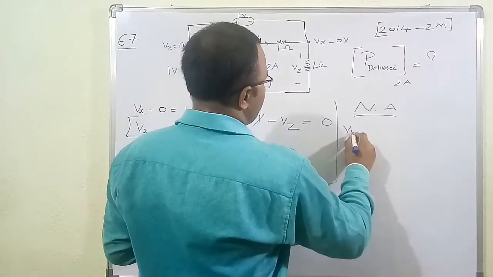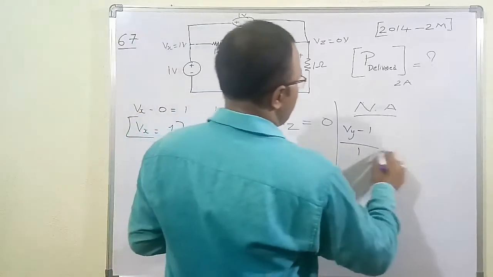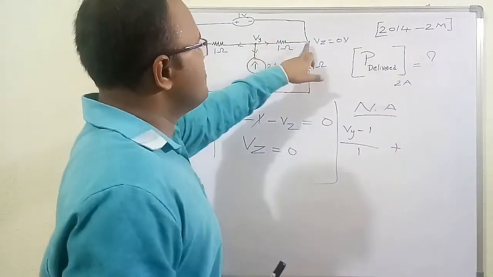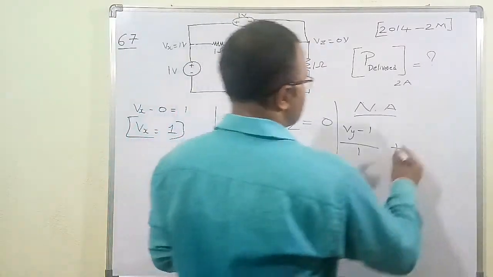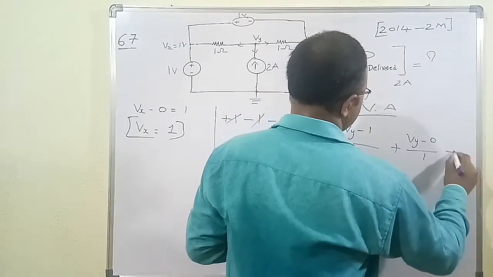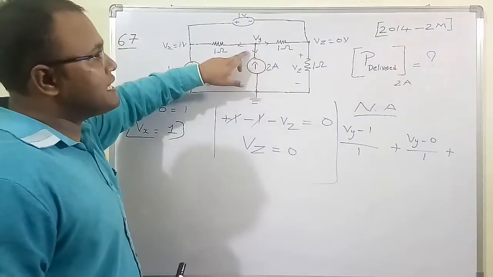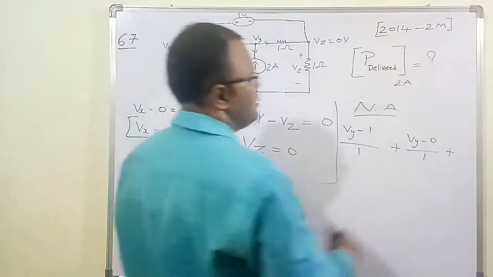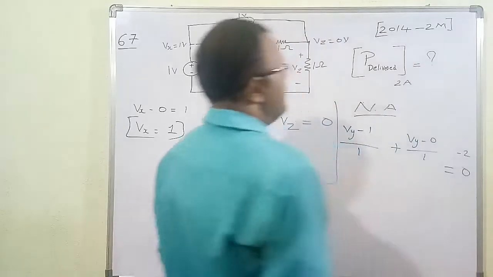Therefore, (Vy minus 1)/1, plus, in this branch the current is going from Vy potential to 0 potential, so (Vy minus 0)/1, plus, the current entering the node is 2 ampere. But we need the current leaving the node, so the leaving current has to be minus 2 ampere. So minus 2 ampere is equal to 0.